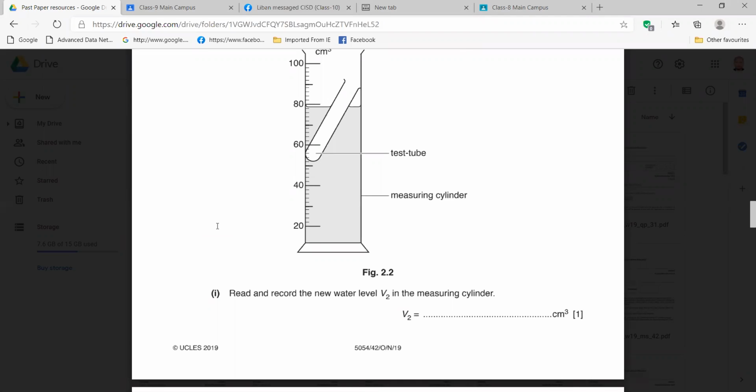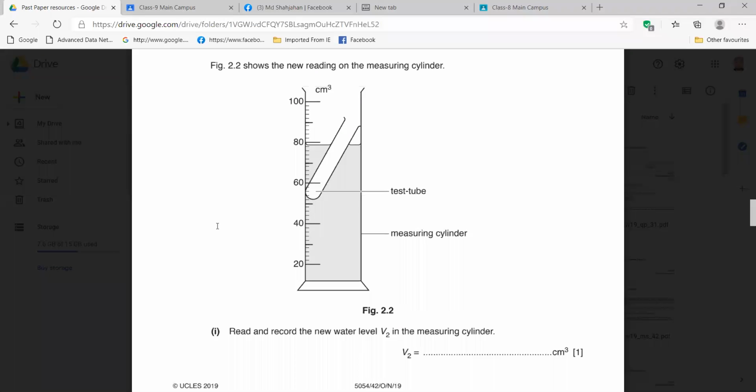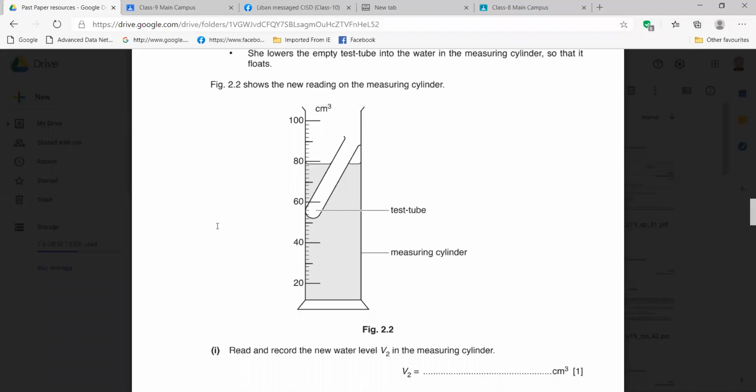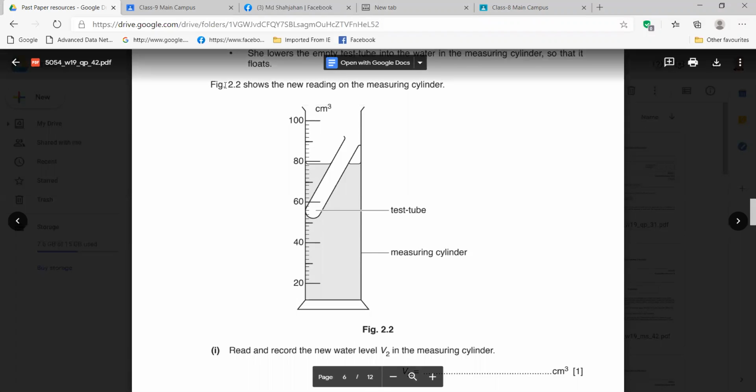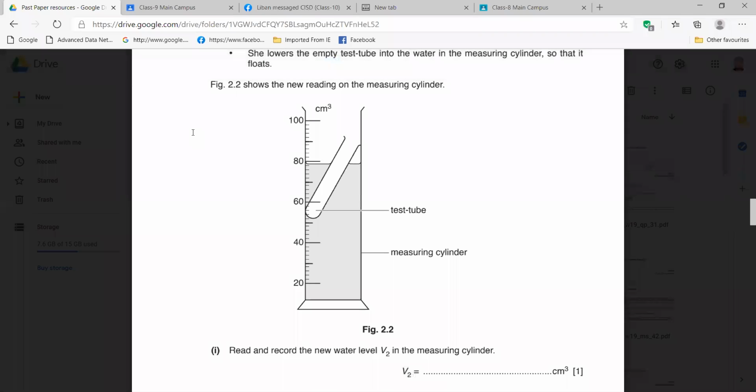Next one, read and get the reading from the diagram. Read from figure 2.2.